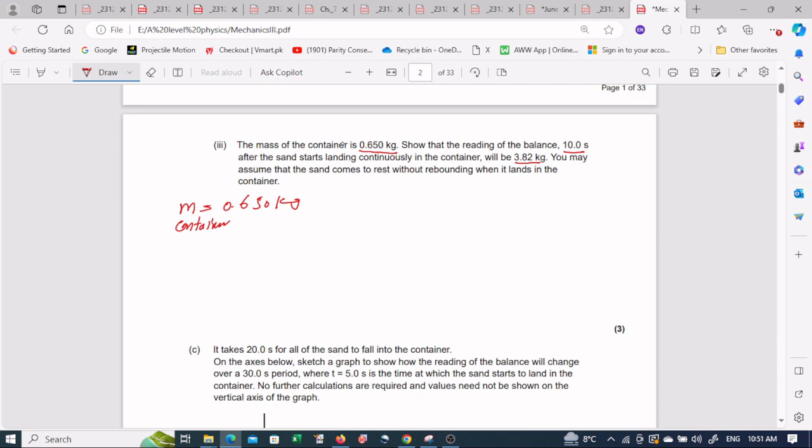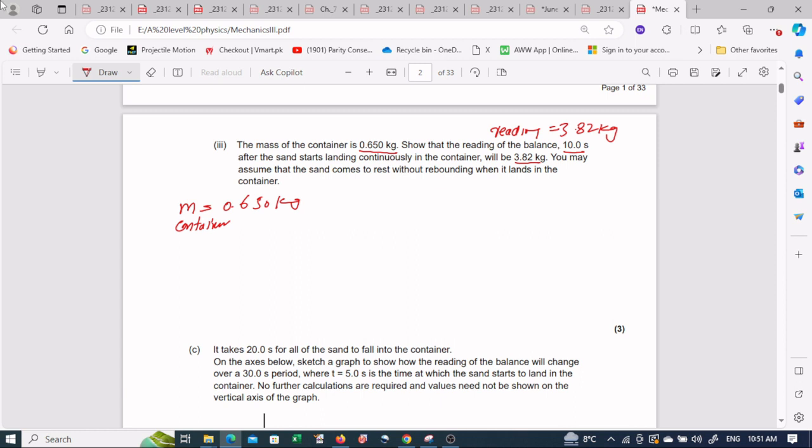You may assume the sand comes to rest without rebounding when it lands in the container. We have to show that the final balance reading must be equal to 3.82. So I explain this.